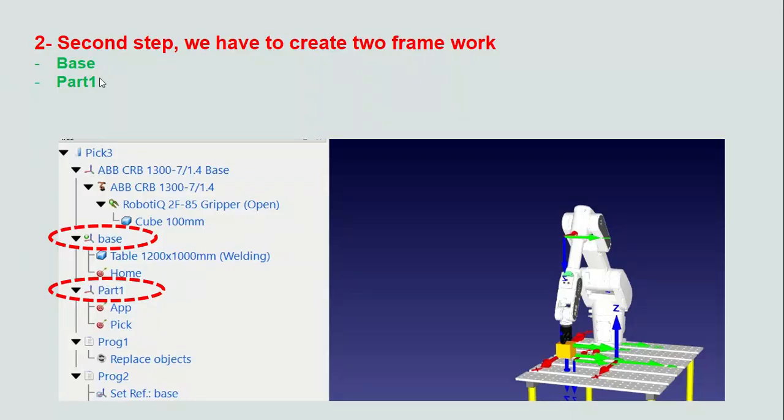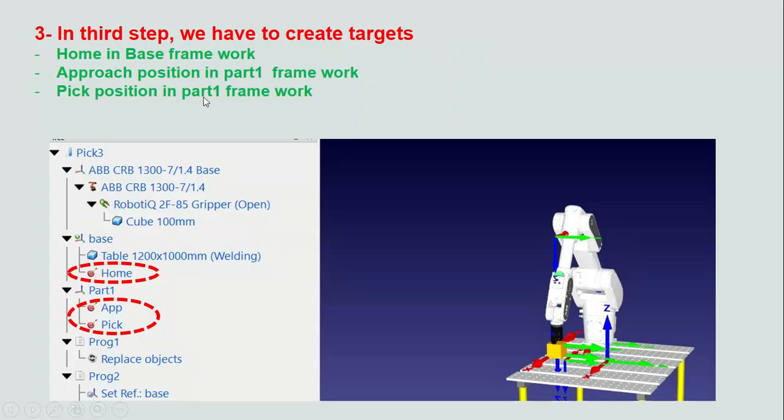In the third step, we need to create some targets. The first target of the robot would be the home position, where the robot will be at home.